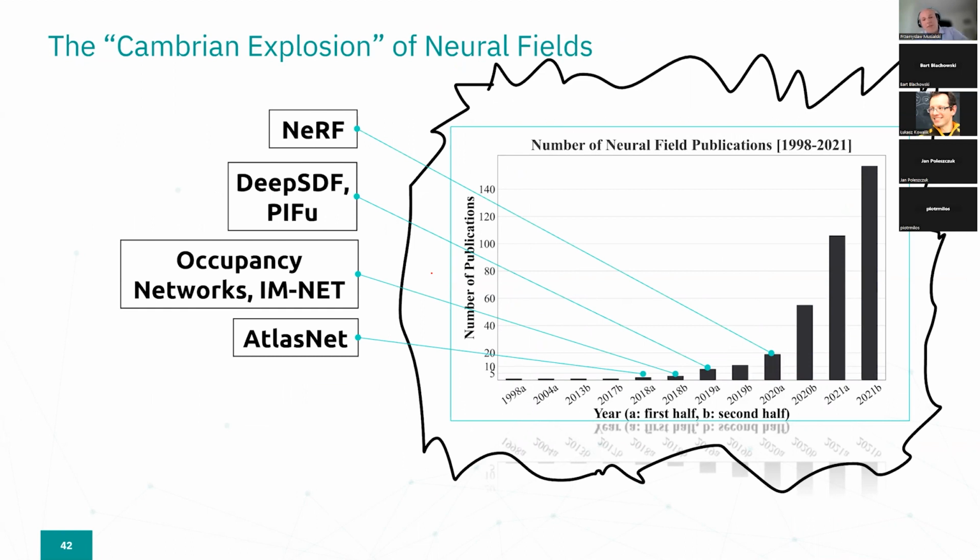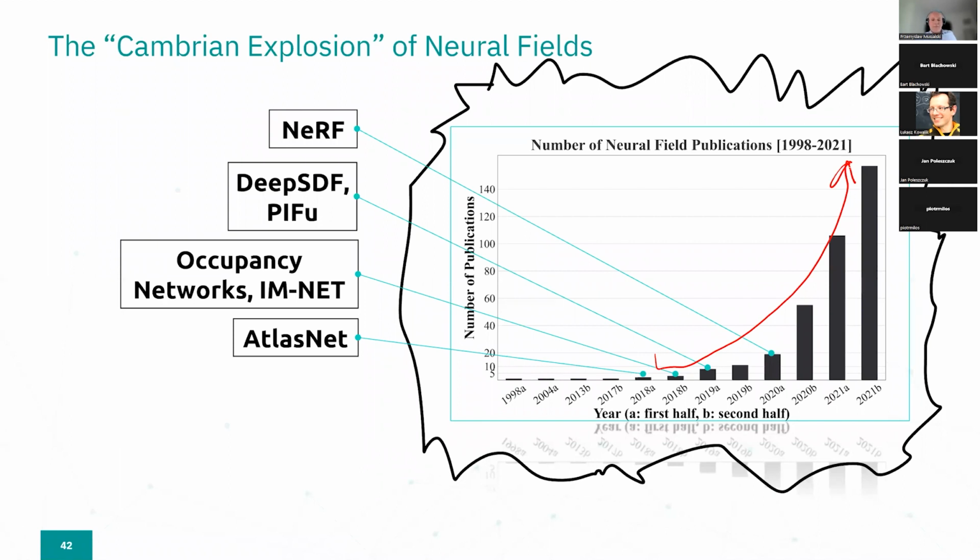And we see this is an exponential growth. And it's overwhelming, actually, also in science. I have never seen so many new ideas and papers published on a topic as it happens now with neural fields.